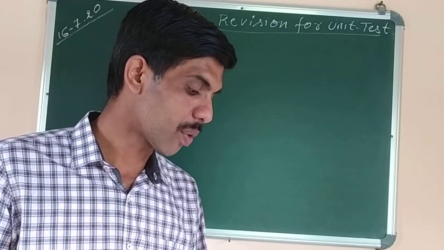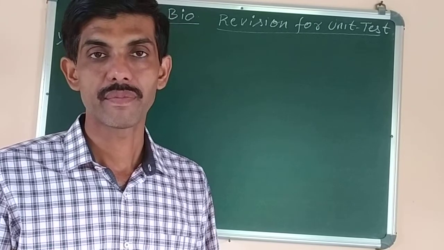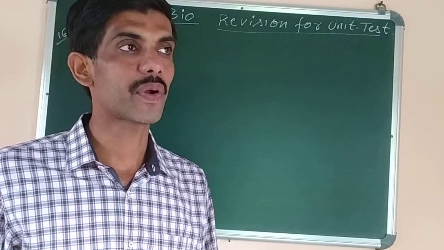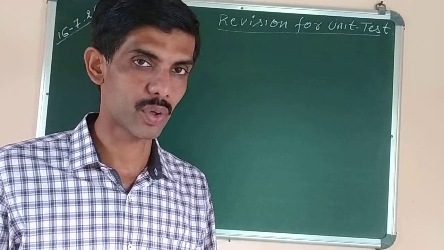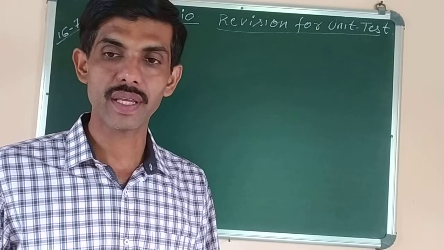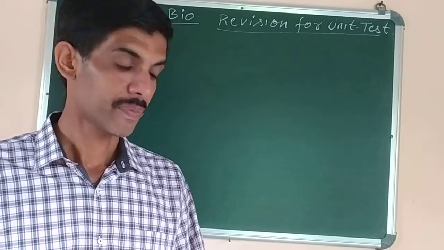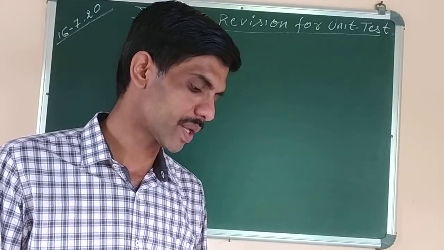Then we studied what are homologous chromosomes. The chromosomes which occur in pairs, in which one of them comes from father and the other one comes from mother, that is paternal and maternal chromosomes, which are similar in shape and size, and which carry the same type of genes, are called homologous chromosomes. Then we studied about mutation. What is mutation?